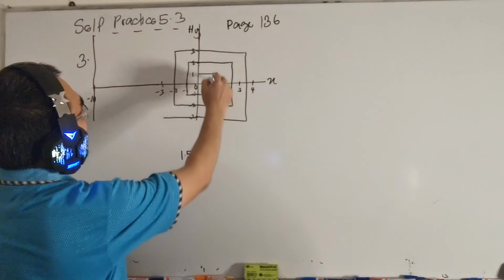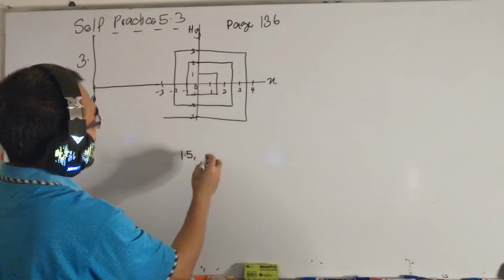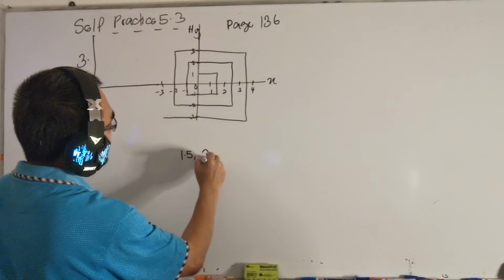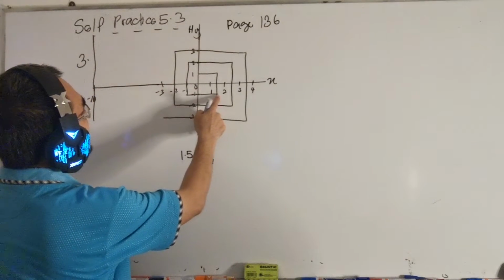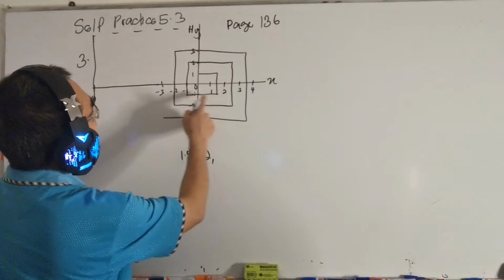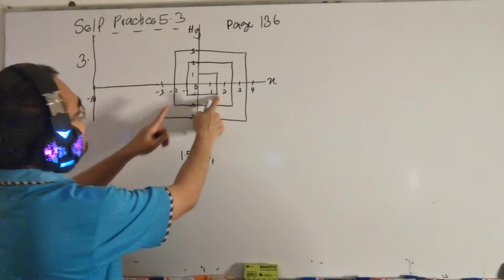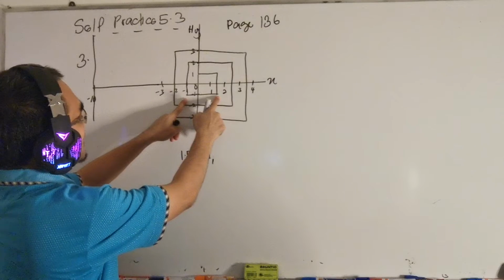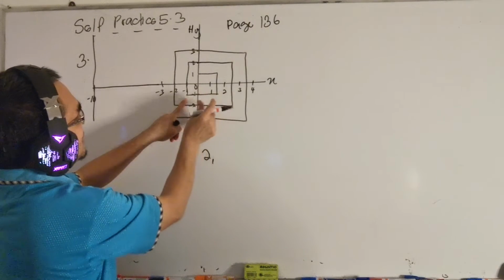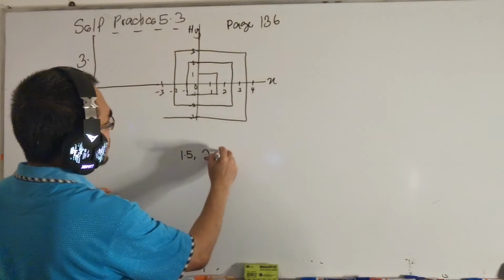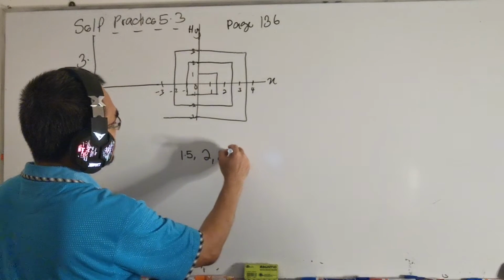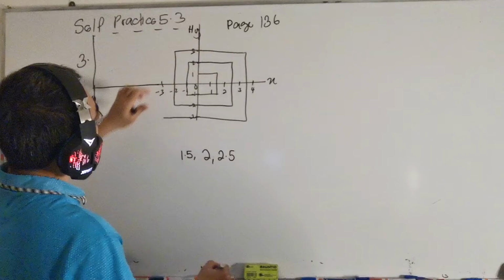And the line from 1 to -1? It will be 2. From 1.5 until -1, this is 1.5 and this is 1, so 2.5.